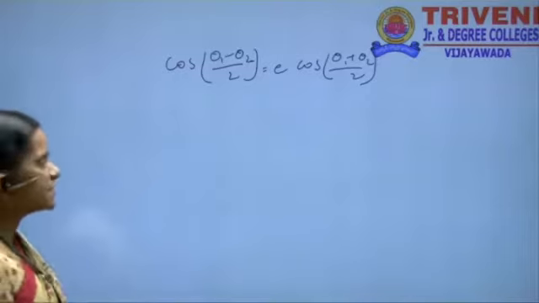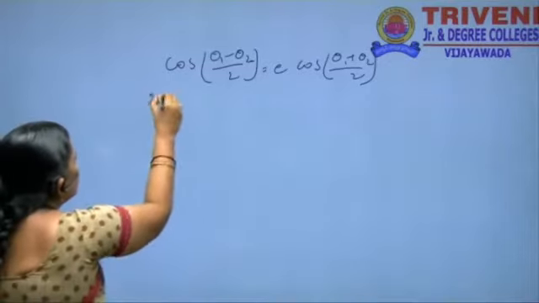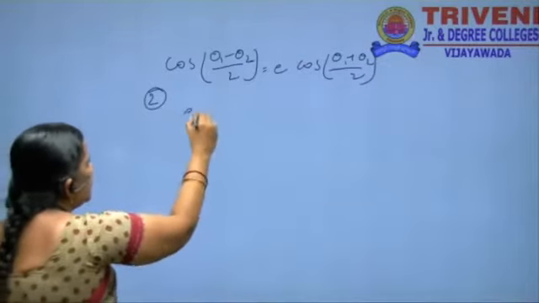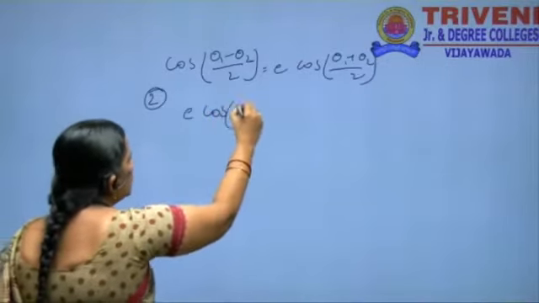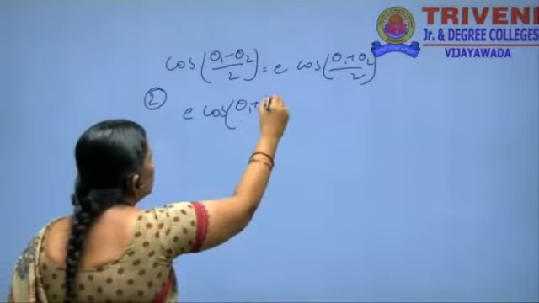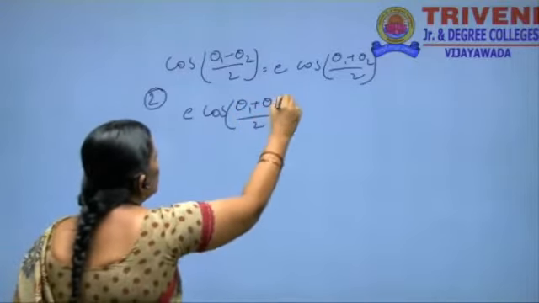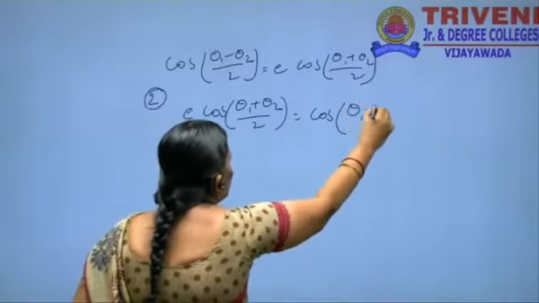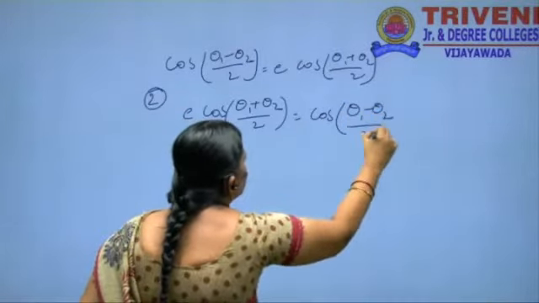Using the first bit here, this is the second bit. The solution is, let's take E into cos of theta 1 plus theta 2 by 2 is equal to cos of theta 1 minus theta 2 by 2.